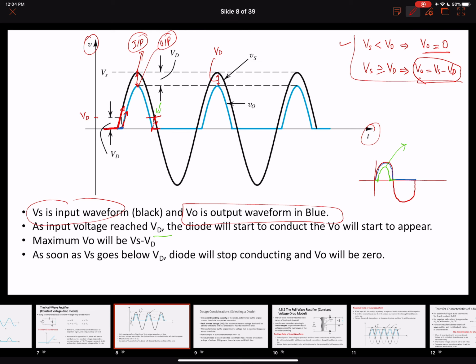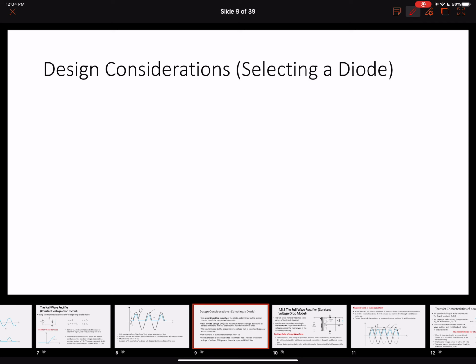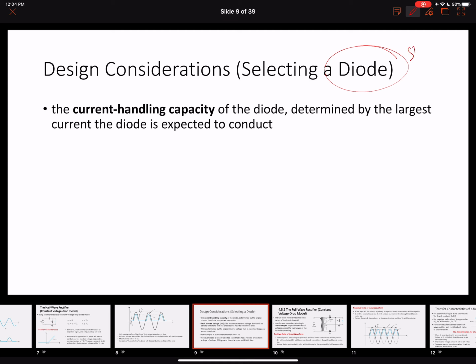While we develop these rectifier circuits, we need to consider some important design considerations or limitations, and the most important is probably what is the right diode to select, in terms of the specifications that are needed. One important specification is the current handling capacity of the diode.